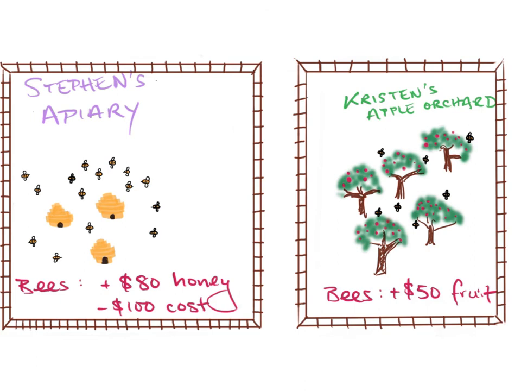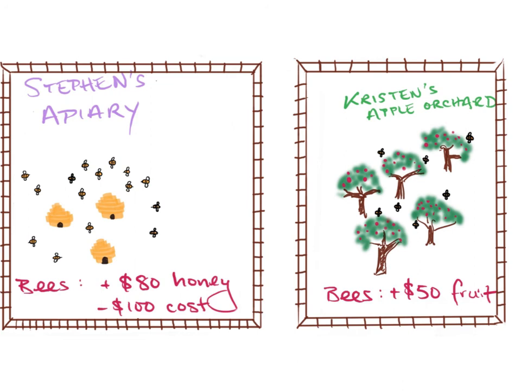So if we ask the question, does society benefit from having the bees? The answer is yes. The bees produce $80 of honey plus an extra $50 of fruit. The bees produce 130, and the cost of keeping them is 100. So society gets more benefit than cost from these bees.